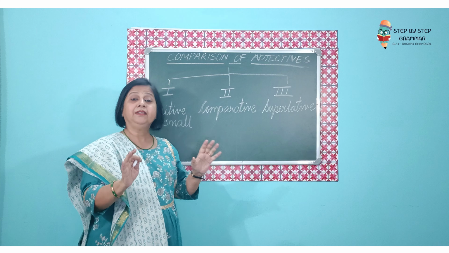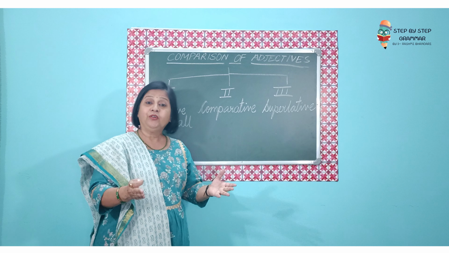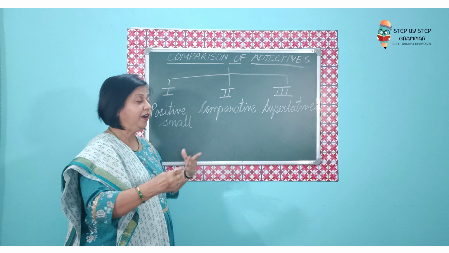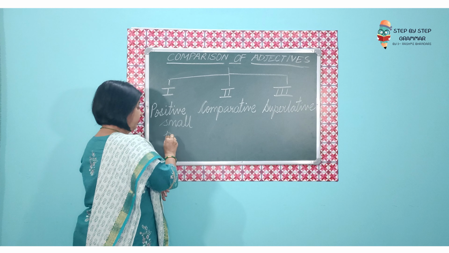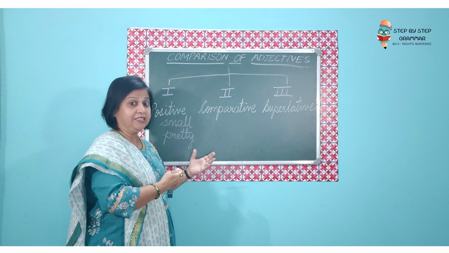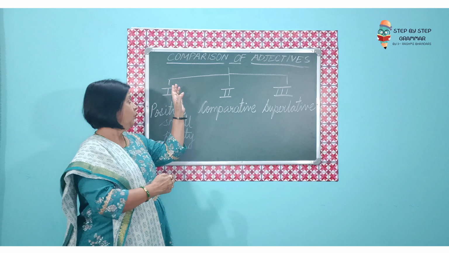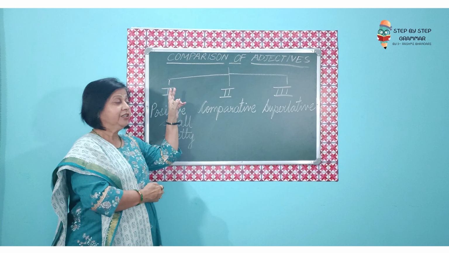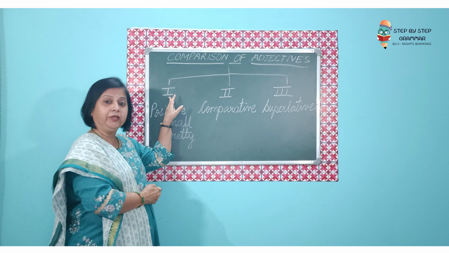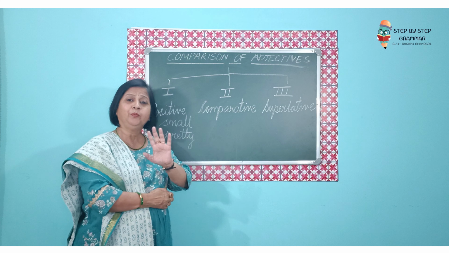I'm not comparing the mouse to any other living creature. The rose is a pretty flower. I'm just describing the quality of beauty that is there in a rose. So that is why we call it the first degree, and I have written the Roman number 1 over here. That means we are just talking about one noun or a pronoun.